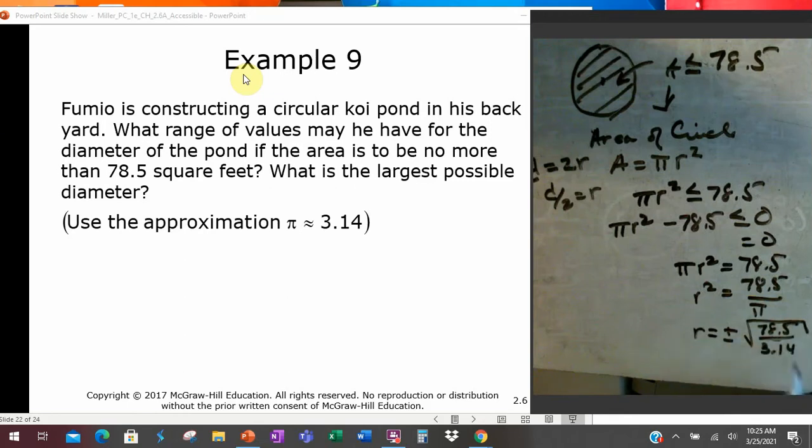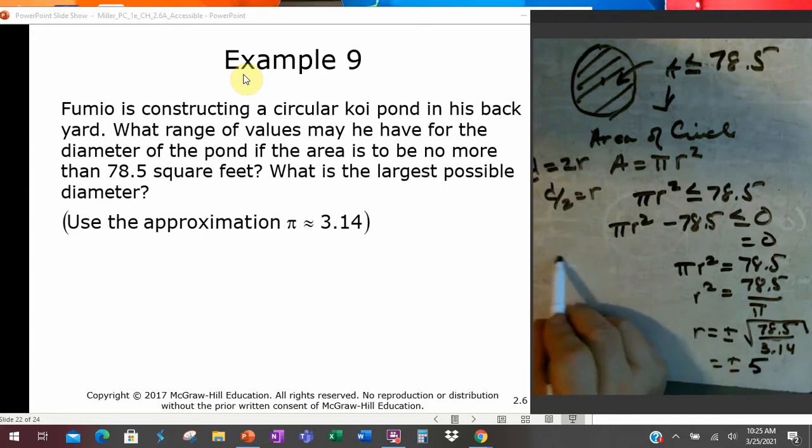They said use 3.14. So if I do this on my calculator real quick, I get plus or minus 5. Which one? Does the radius ever equal -5?